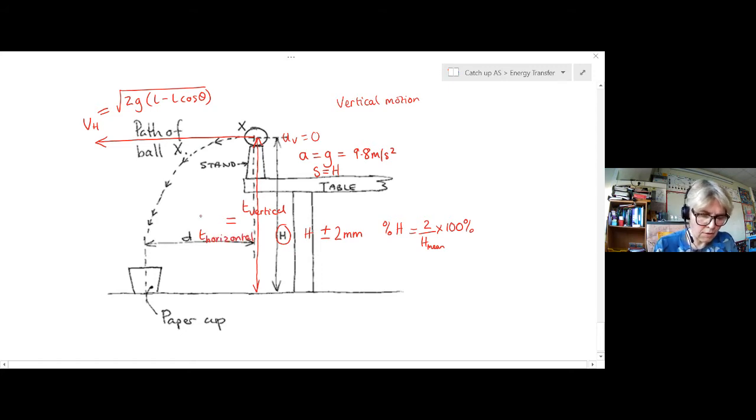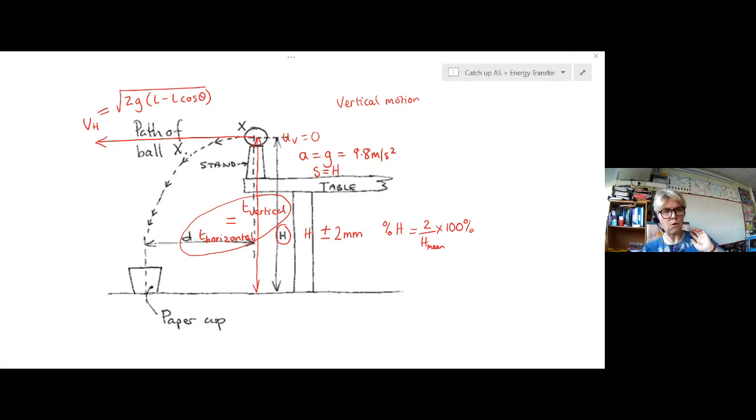That's the only link between horizontal and vertical motions, because if we drop anything straight down or fire it horizontally, one will go horizontally and take this projectile path, the other will go straight down, and it will land in the same time. If you've got two balls doing that, it will go click, click, click, and they will go in tune with one another, so you can tell that they're taking the same time to go horizontally as to go vertically.